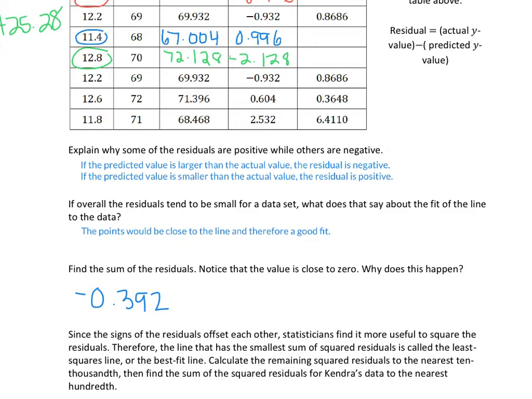So why does this happen? Well, remember, we get negative and positive residuals. So this happens because the negative and positive values balance each other out.